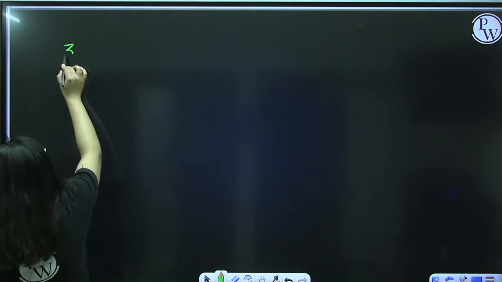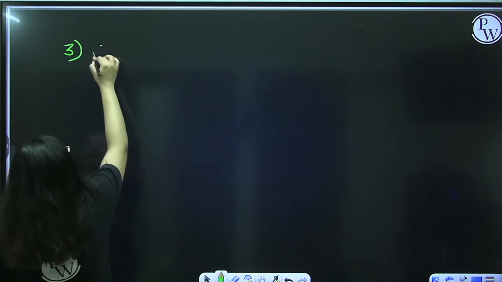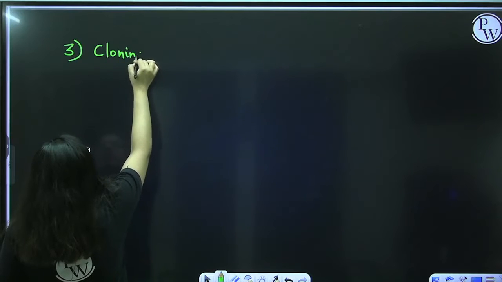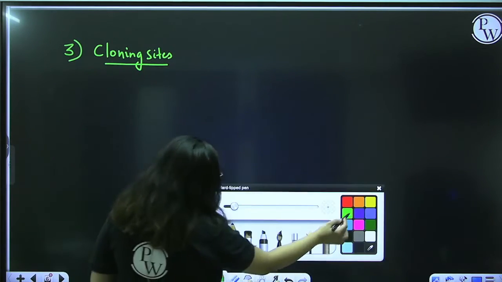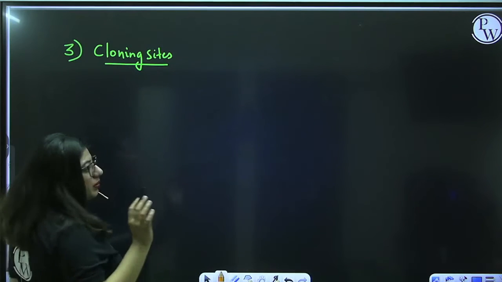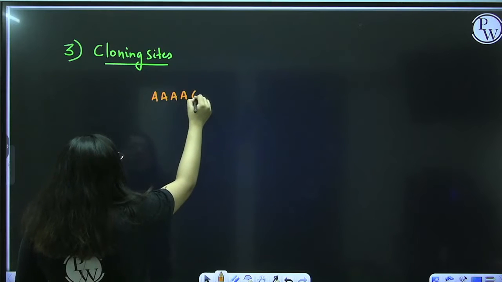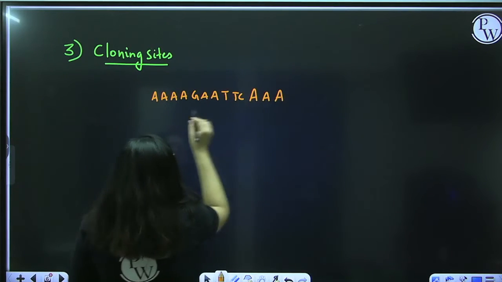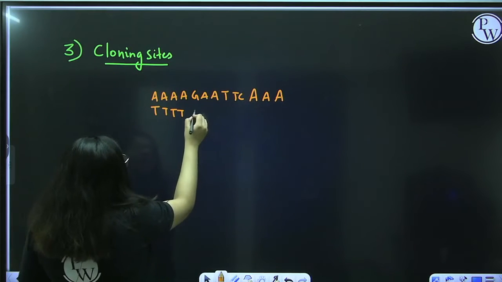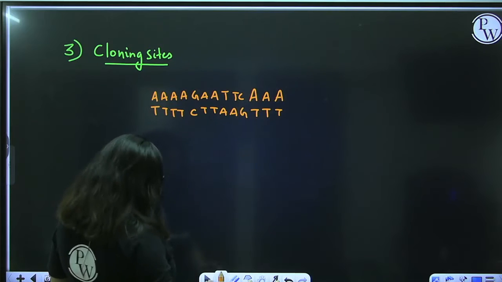The third feature that a vector should definitely have is the cloning sites. What are cloning sites? For example, you have a piece of DNA, AAAA GAATTC AAA, TTTT CTTAAG TTT. So that's a piece of DNA.